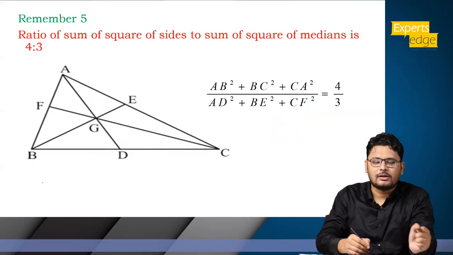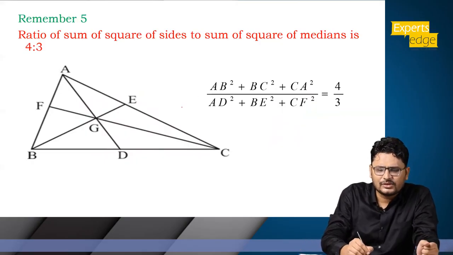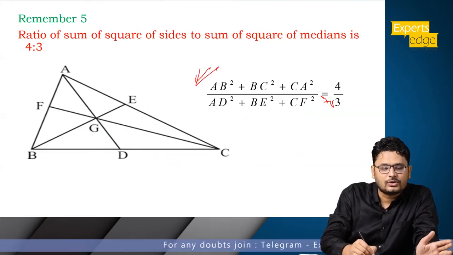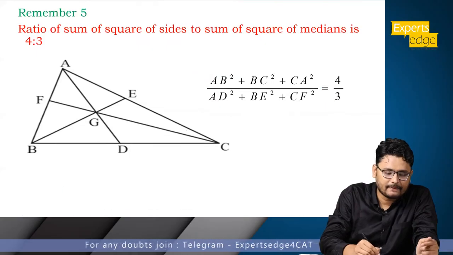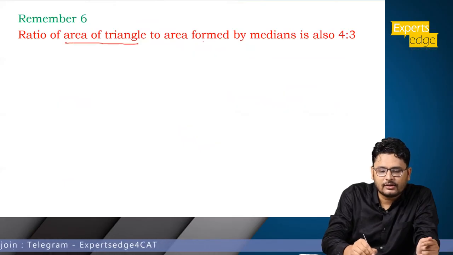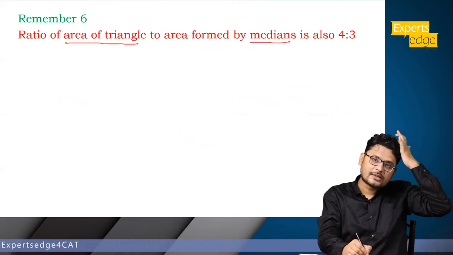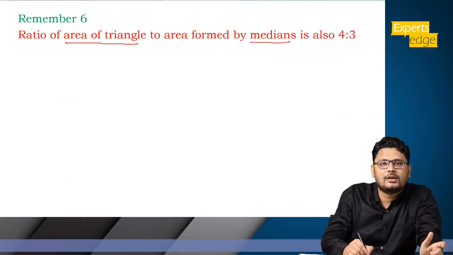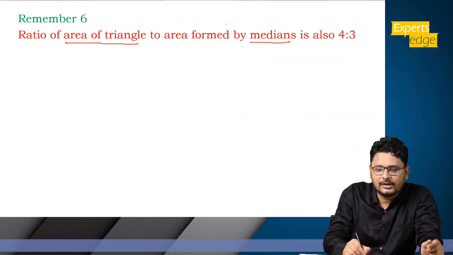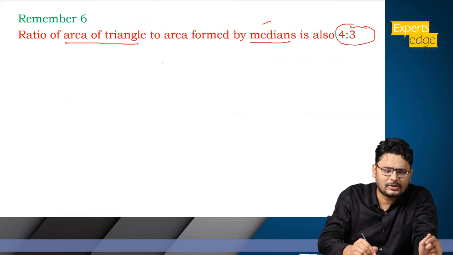What it is saying, the sum of the squares of the sides to the sum of the squares of the medians is always in the ratio 4:3. Okay. So the ratio of the squares of the sides and the medians is always 4:3. Also the ratio of the area of the triangle to the area of the triangle formed by the medians is also 4:3. Okay, we will see the application of this, but just as of now please remember this thing.